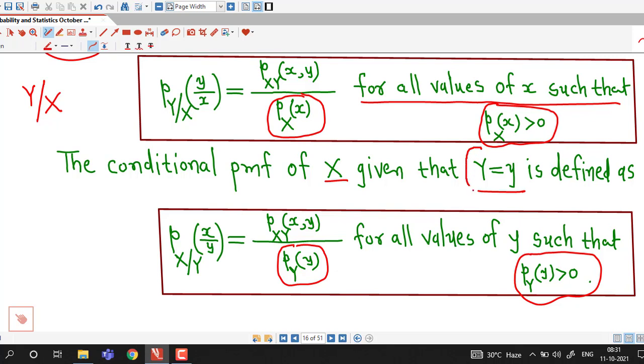So if we are given the event Y equal to y, we divide by the probability mass function of random variable Y, and if we have Y given X, we divide by PMF of random variable X. In the numerator we will always have the joint probability mass function of two random variables.